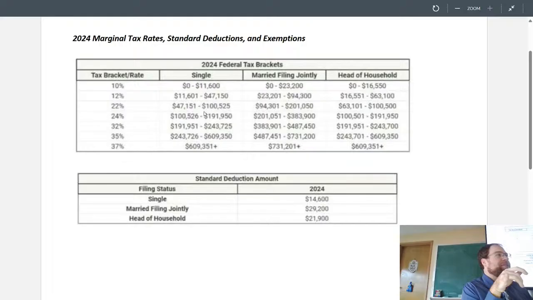So you won't have to go through the bracket stuff for the other ones. 11,600 is 10%.